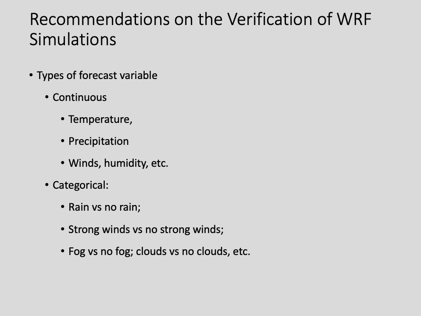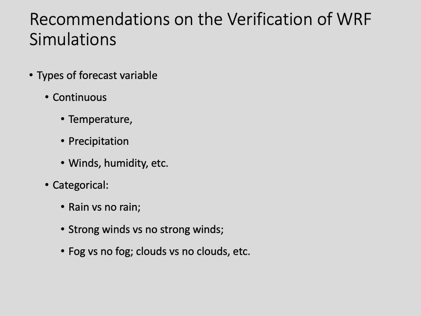For the verification of WRF simulations, we focus on two types of forecast variables, the continuous variables and the categorical variables. Continuous variables have values from WRF simulations and also from observations. Temperature, precipitation, wind speed, and wind direction are typical continuous variables.